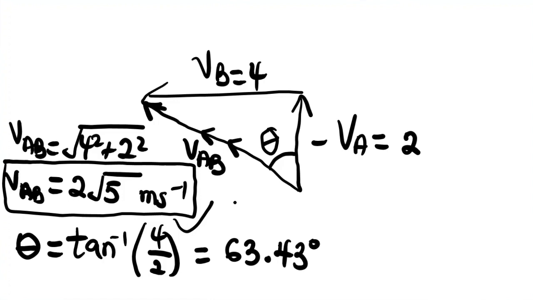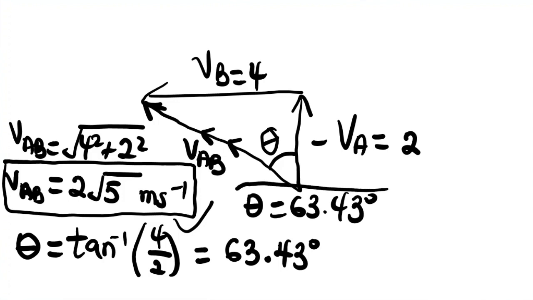So this is having a direction of 63.43 degrees. So body A is observing body B to be moving with a velocity of 2.5 meters per second at an angle of 63.43 degrees, in that particular direction.